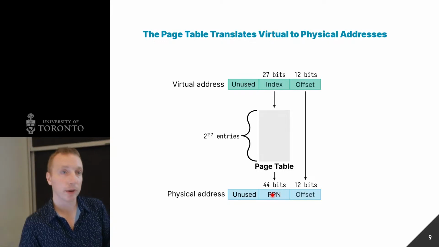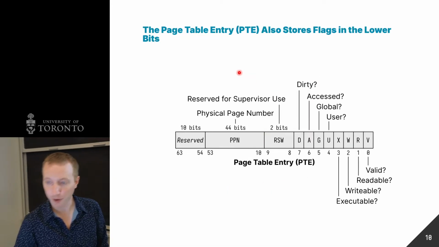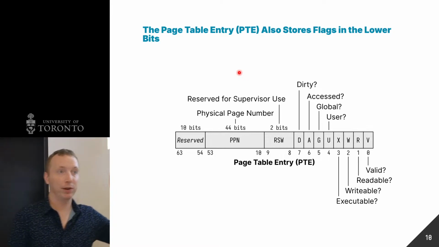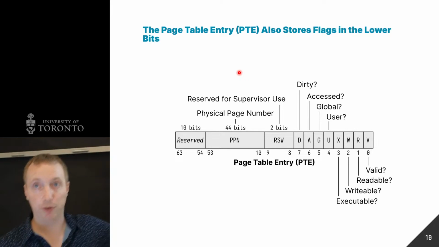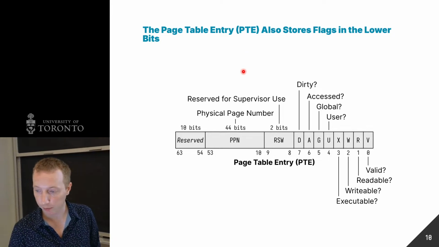It turns out these entries also have some other information in them. This is what a page table entry looks like, what's stored for every single virtual page. We look it up, and this is what we get.